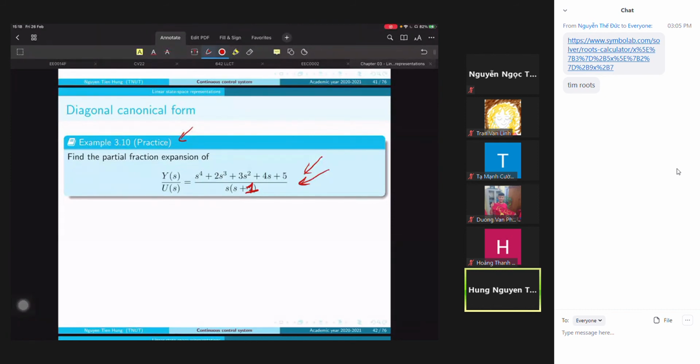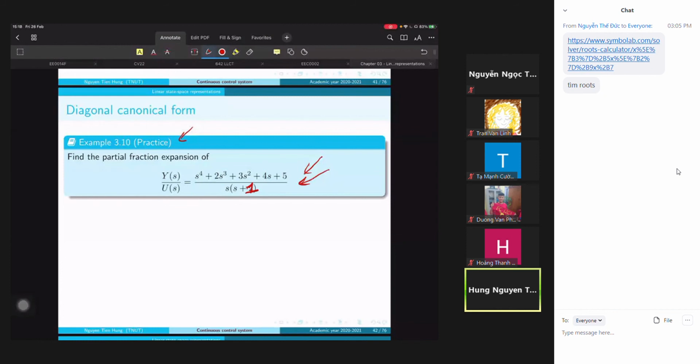How about the other? I think this is the correct answer.